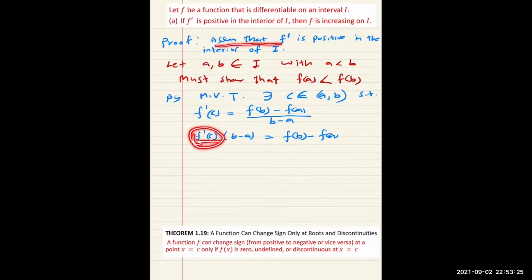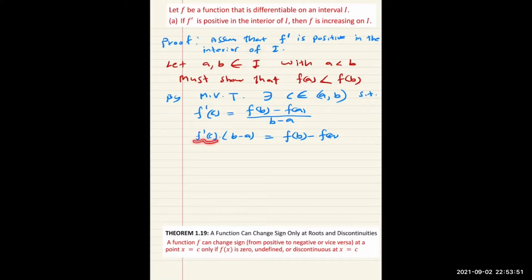That's my hypothesis. I'm assuming that f prime is positive everywhere in the interior of the interval I. But notice that c is in the interior of the interval a, b. By the way, a, b is inside this interval. So that means c is in the interior of this original interval I.